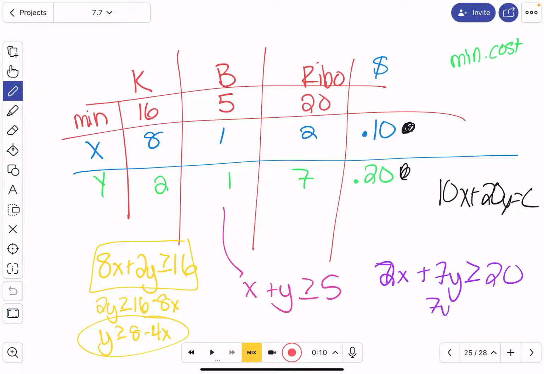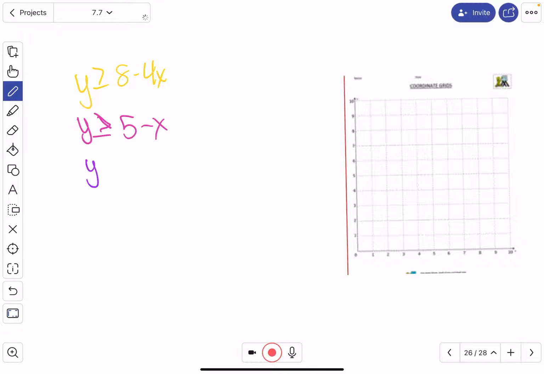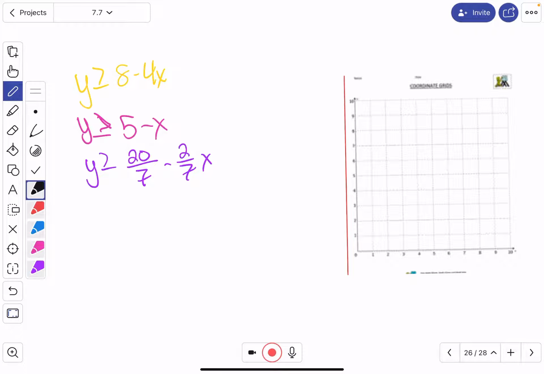Subtract 2x from both sides and divide by 7. We get 20 over 7 minus 2/7 x. And we know we can't have negative amounts, because you can't take negative something. So x has to be greater than or equal to 0, and y has to be greater than or equal to 0. So now we have our equations and we can graph them.